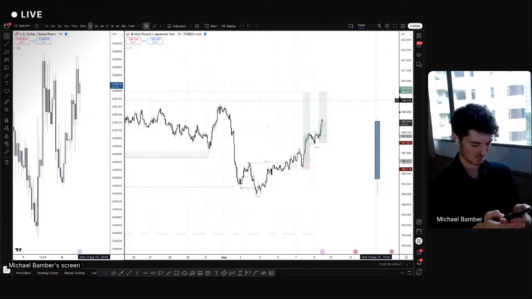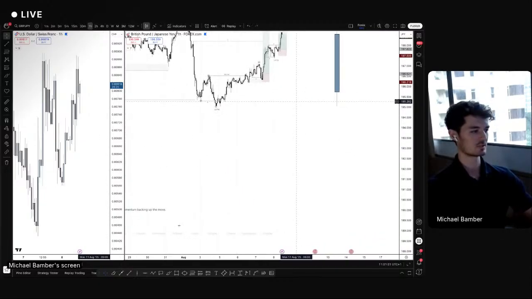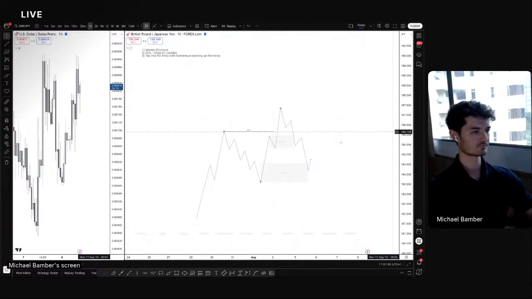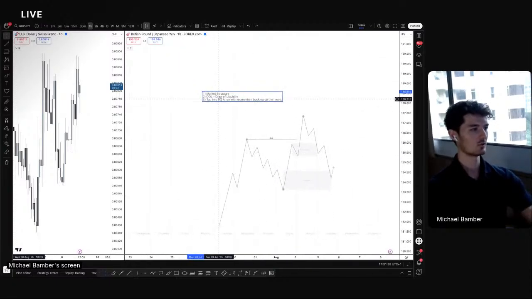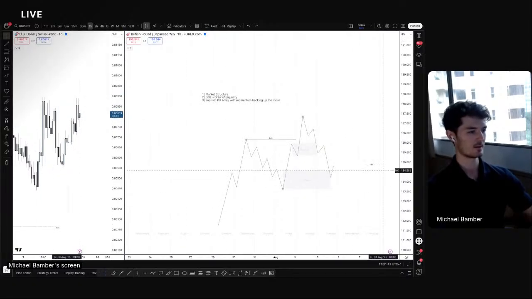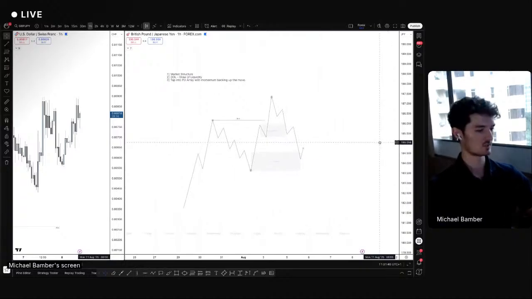Someone's asked a question about draw on liquidity. How do you identify the draw on liquidity? I'm not familiar with this. Okay, so very simply, if we break this down, let's go back to the chart. It all comes down to, in order to understand what draw on liquidity to focus on, the first concept you need to understand is market structure.